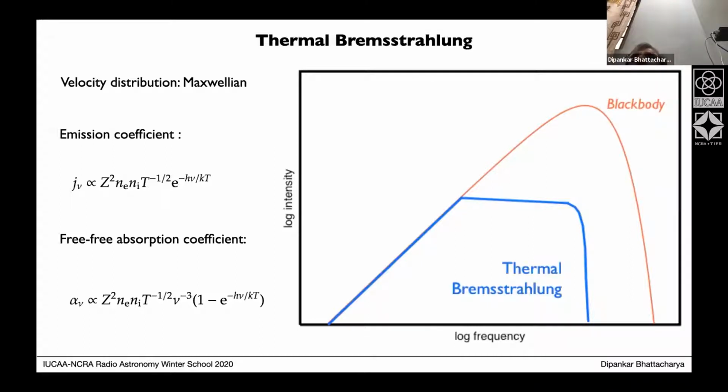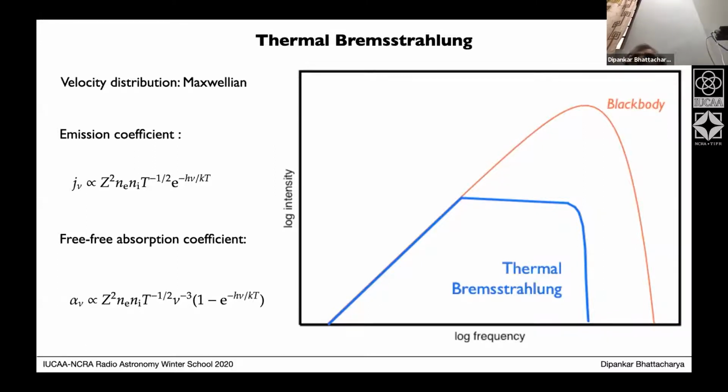It is proportional to the number density of electrons, Ne, and also to the number density of ions, Ni. So Z squared Ne Ni is the common factor in the emission and absorption coefficients. And both these coefficients have a leading temperature dependence, which goes as T to the power minus half.